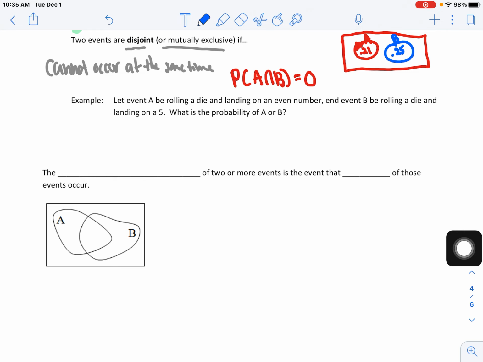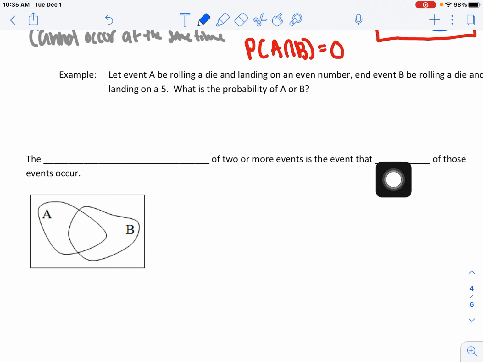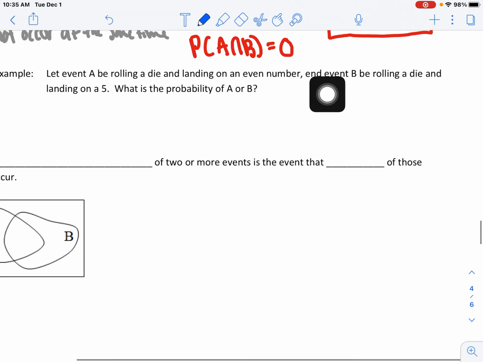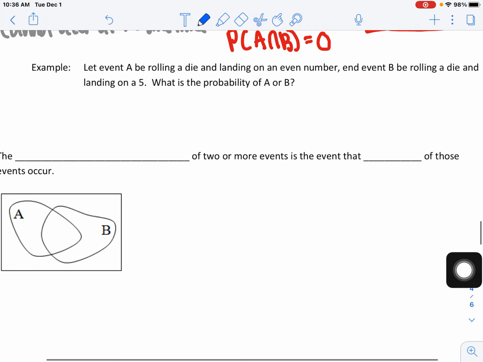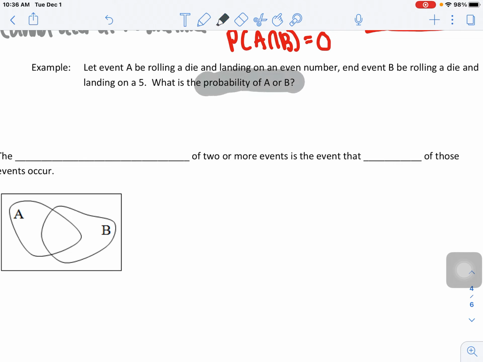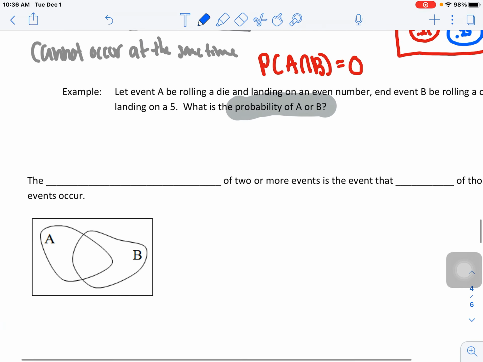Okay, so in this example, let event A be rolling a die and landing on an even number, and event B be rolling a die and landing on a 5. What is the probability of A or B? All right, so we see the word or.